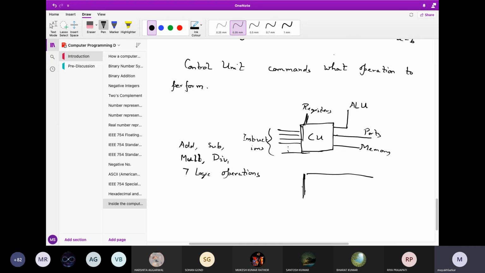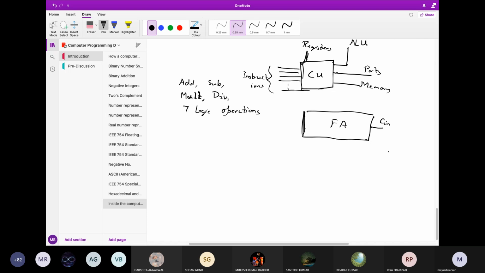let me know if it becomes difficult for you to digest. Say, suppose there is a full adder. The Cin is coming in. This Cin is sent from the control unit. The A is there.